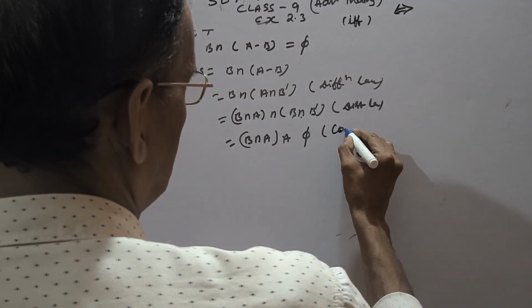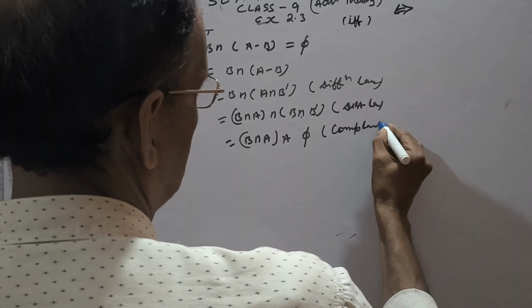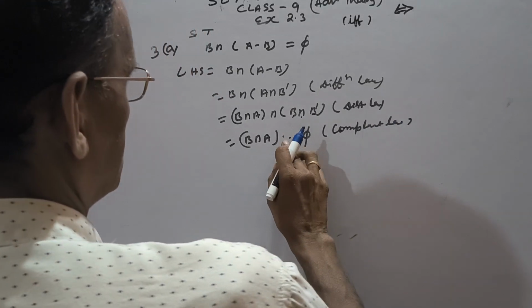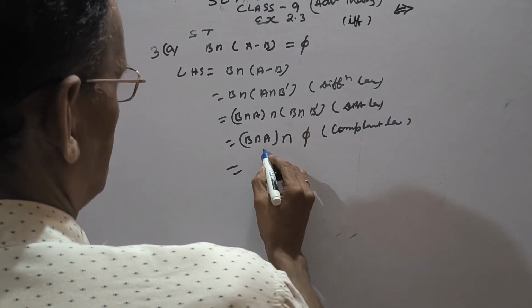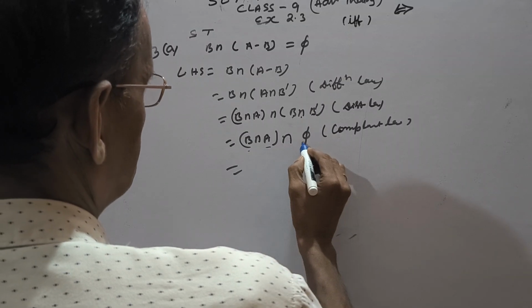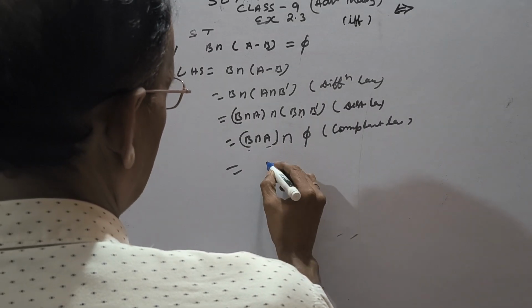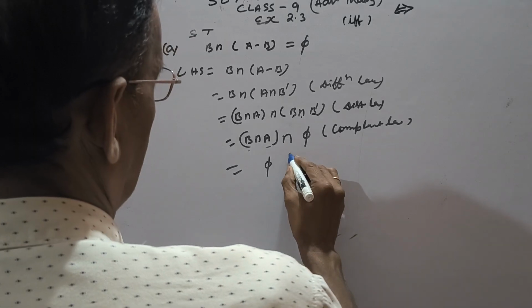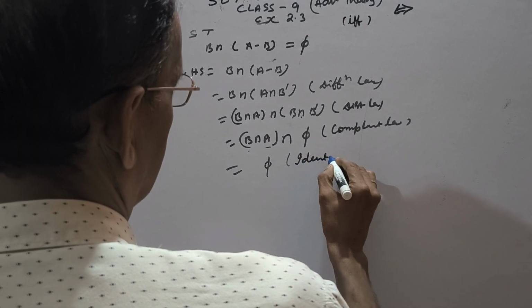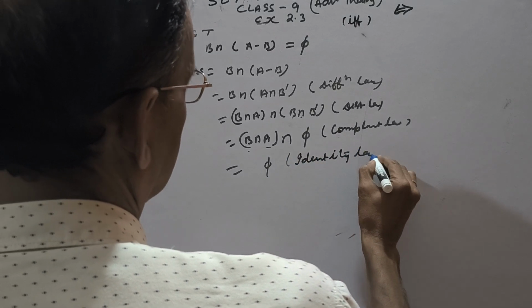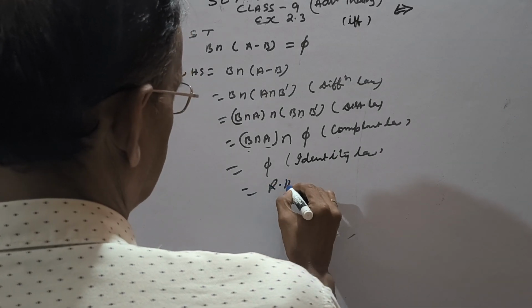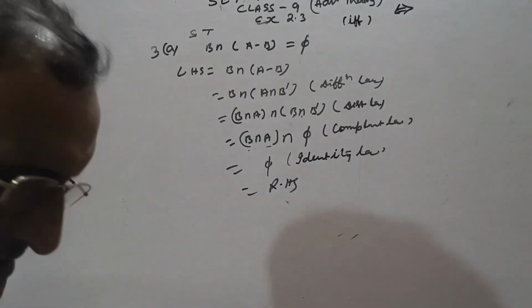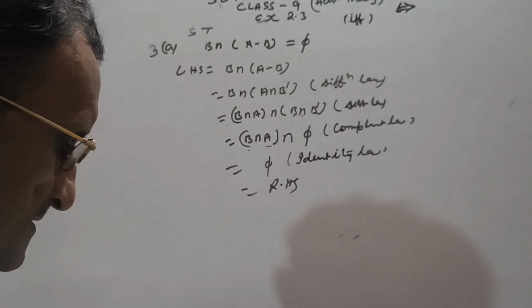This is called the complement law. And see this intersection, any set intersection phi is phi only. Identity law. And this is the RHS. Okay, 3 number A. Now we go to 3 number B.